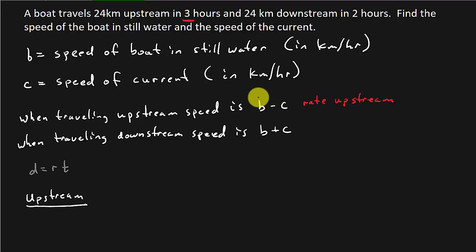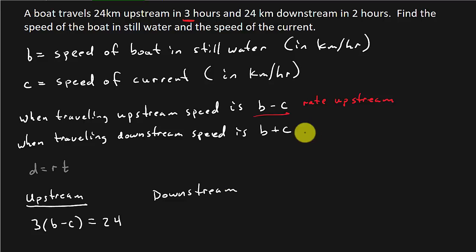So it's rate, which is this, times time. So 3 times B minus C is equal to what? The distance. What's the distance? The distance is 24 kilometers. And now let's look at downstream.